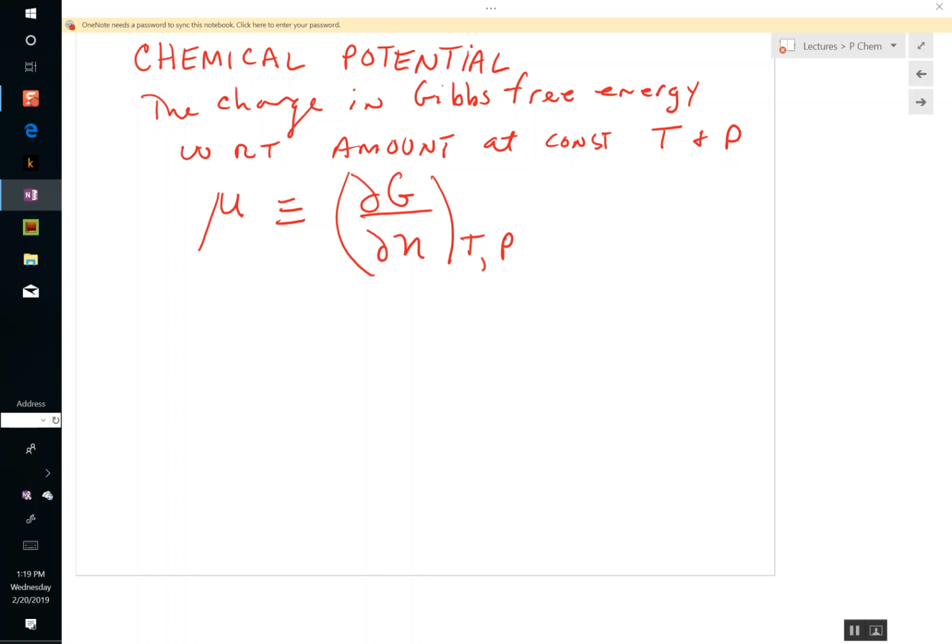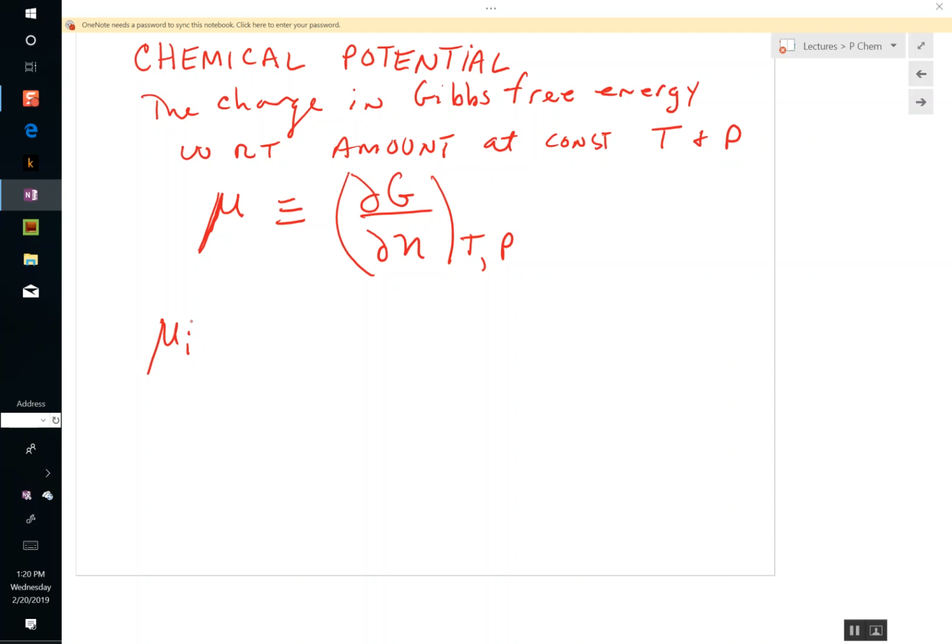All right, and if we had a number of different things in our system, then we could be talking about the chemical potential of any one of those. Did you say that mu is that fugacity coefficient? No, that's different. They're going to be related, or we're going to link them together.